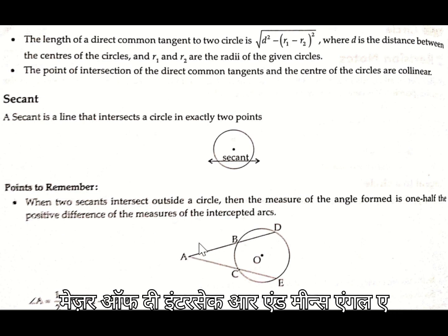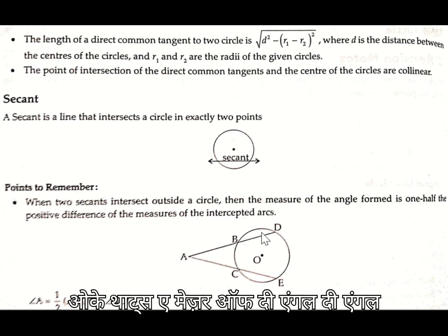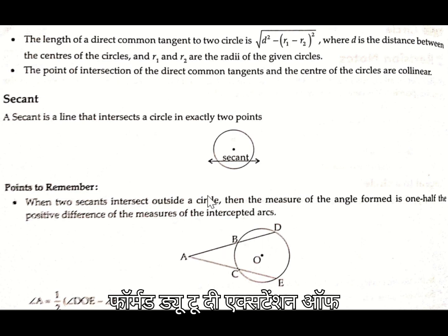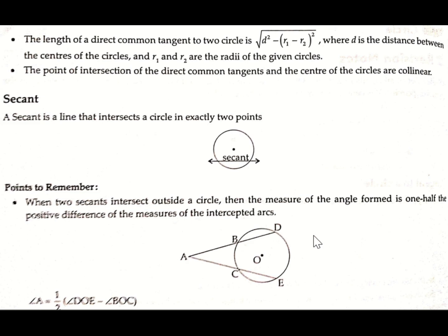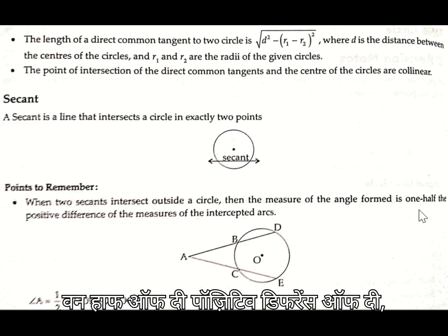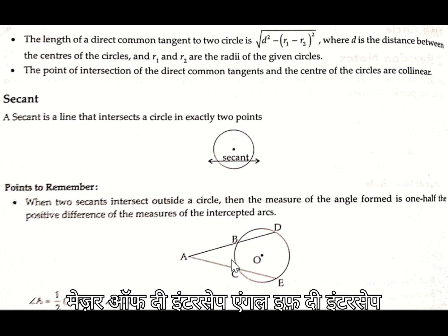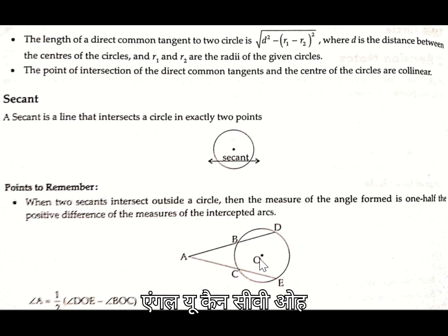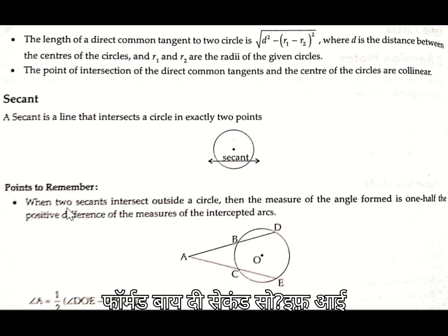That means angle A is the angle formed due to the extension of the secants. Here the intercepted arcs you can see are BOE and BOC.